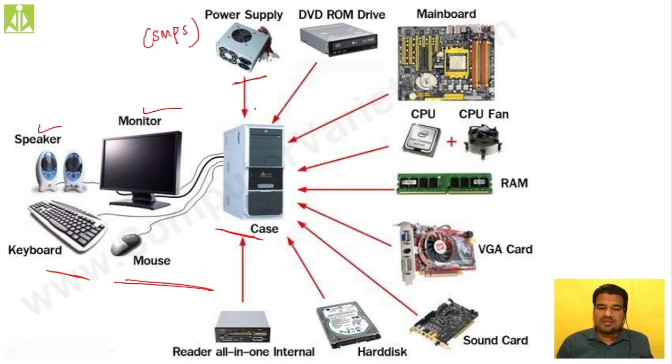So this switch mode power supply will convert the AC power into DC power. The functionality of this SMPS is to convert AC into DC. Generally, in order to do so we use transformers, isn't it? So it is a kind of transformer. So SMPS, switch mode power supply, is used to supply power to your complete computer.